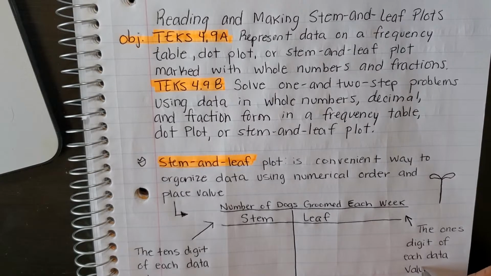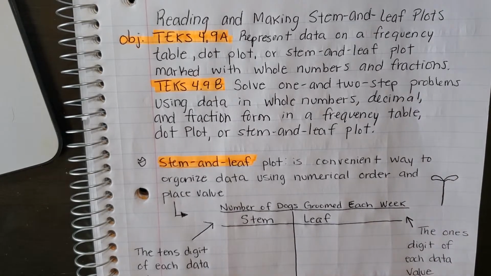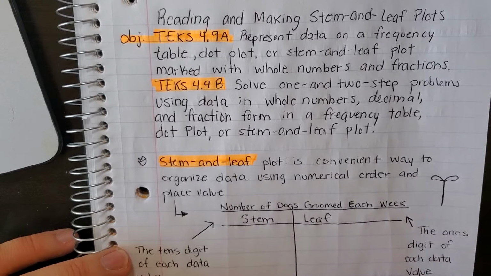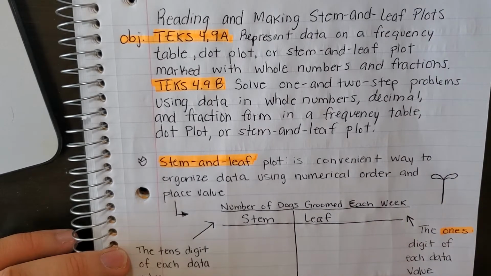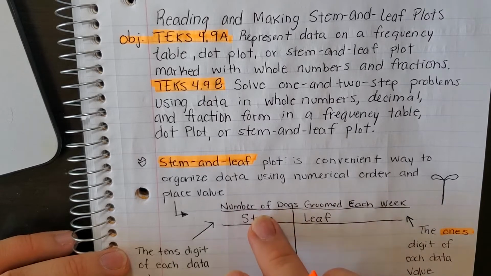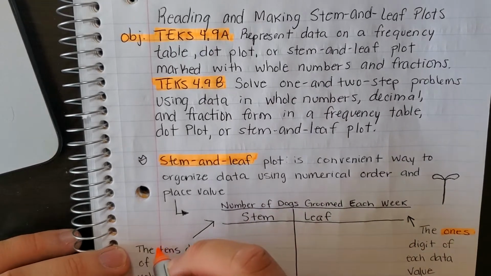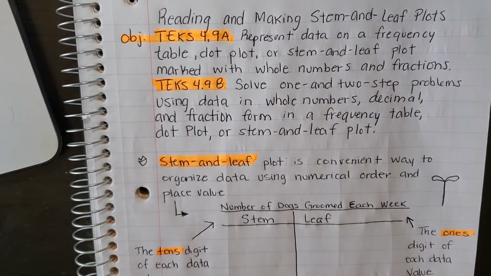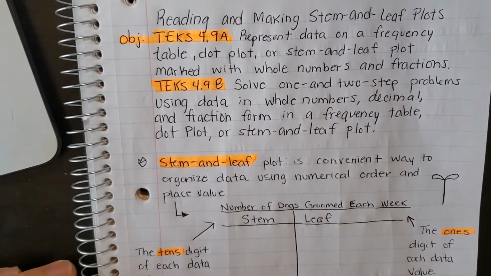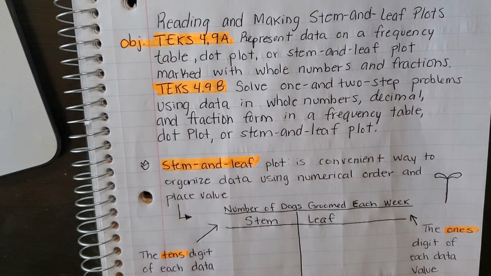Okay, so in the leaf you will only put values that belong to the ones, and in the stem, you will only put values that belong to the tens place. So that's why we need to use our comprehension method again, remembering how we work with place value.